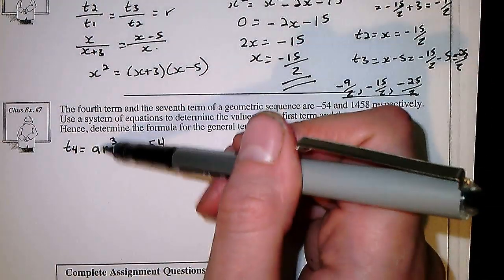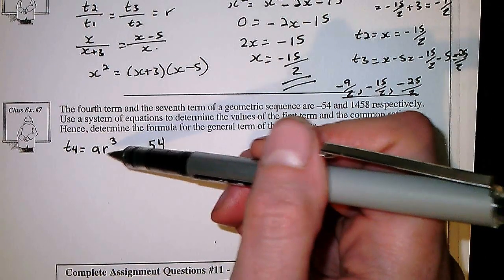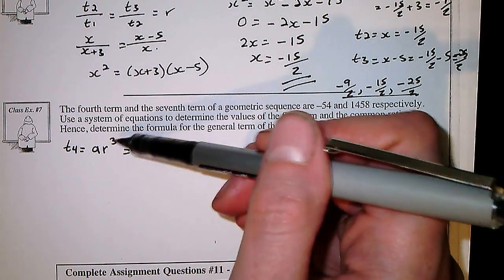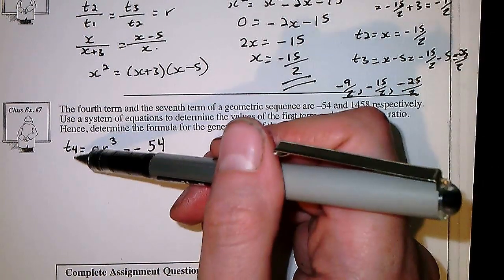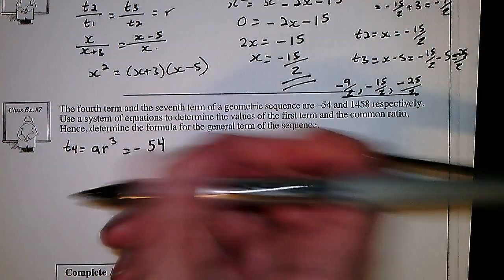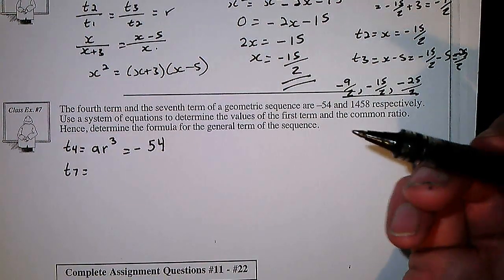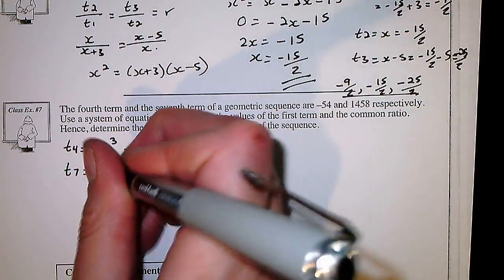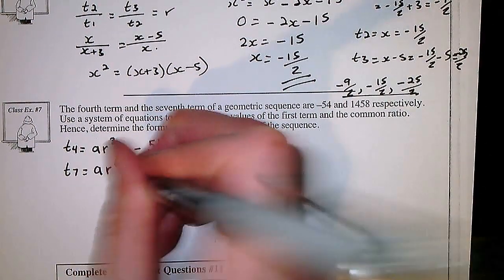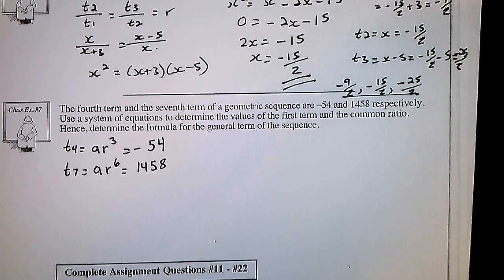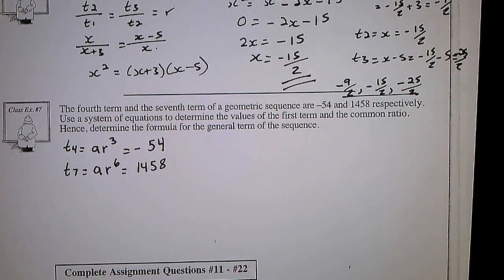If you recall, a is the first term, r is the common ratio, and then we use n minus 1. So n minus 1 is 3 because n is 4 for the fourth term. And then on the seventh term, we have a r to the 6 equals 1458. So I have two equations.